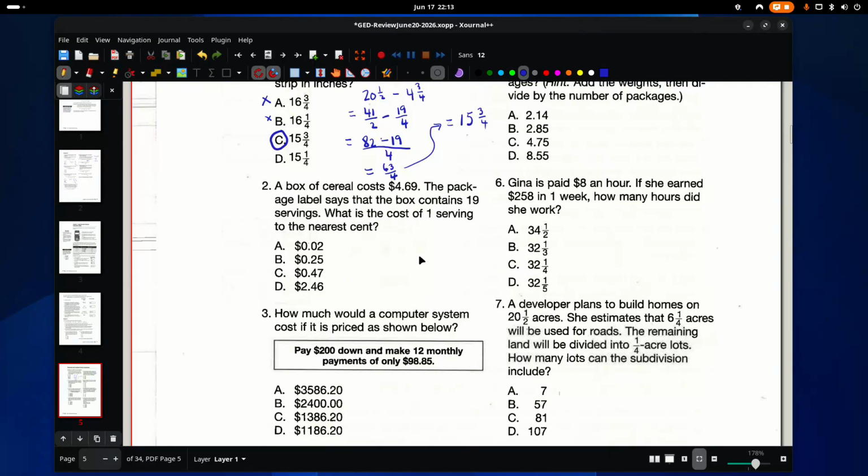Let's try number 6. Gina is paid $8 an hour. If she earned $258 in 1 week, how many hours did she work? So we know that her pay has to be equal to the rate of pay times the number of hours that she works.